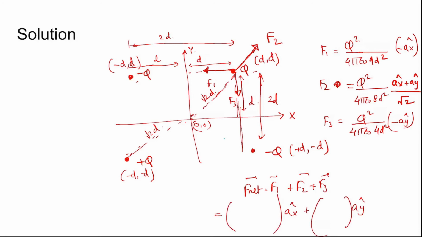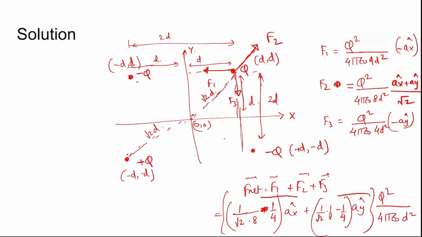So x terms are 1 by root 2 into 8, plus minus 1 by 4, and you have ay terms as 1 by root 2 into 1 by 8 minus 1 by 4, and multiply it with q square by 4 pi epsilon naught d square.